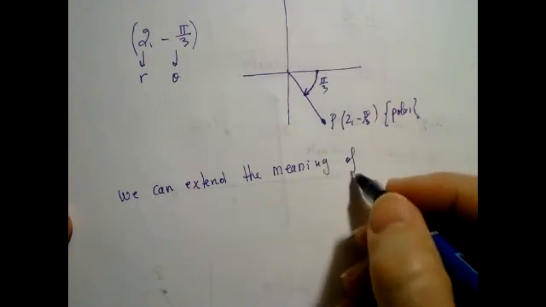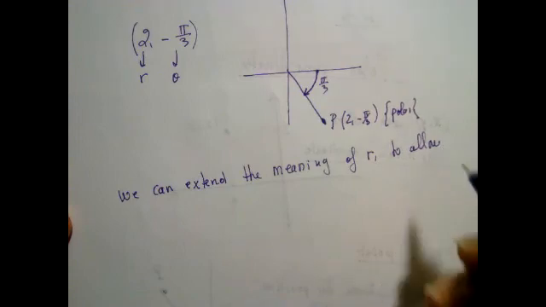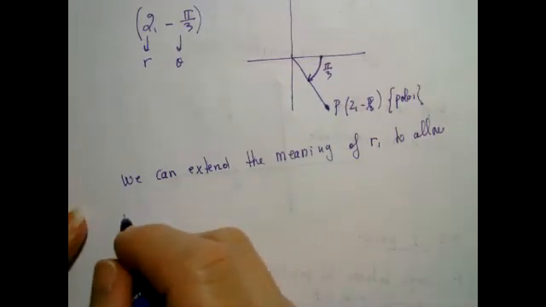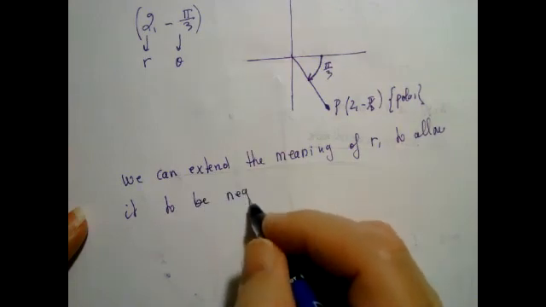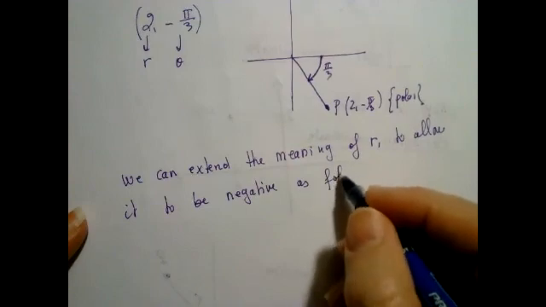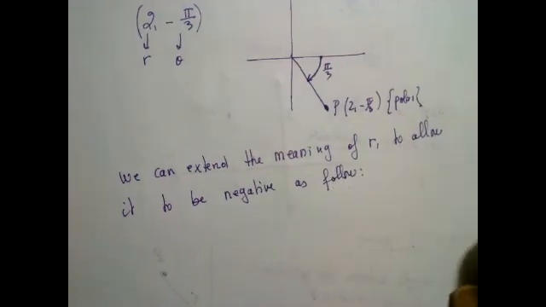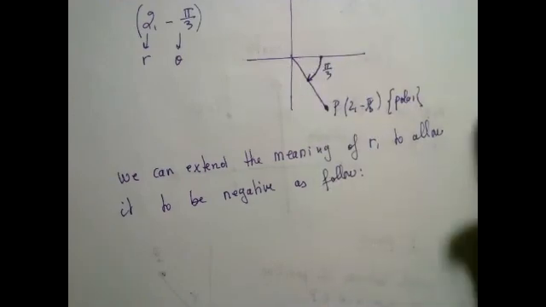We're going to allow r to be negative as follows. Okay, so my r is positive so far, but we're going to allow it to take negative values in the following sense.